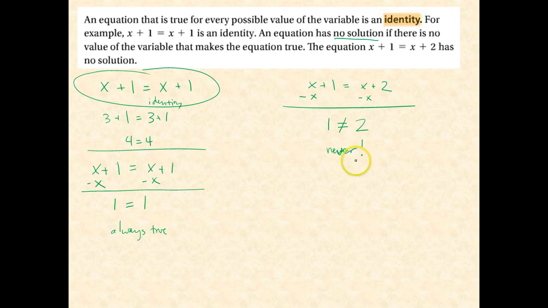Never. So this means there's no solution. No solution means that there is no number you could possibly substitute into the original equation that would make it true. 1 doesn't work because 1 plus 1 is 2, and 1 plus 2 is 3. This equation right here is just never true. There's no solution for that equation.